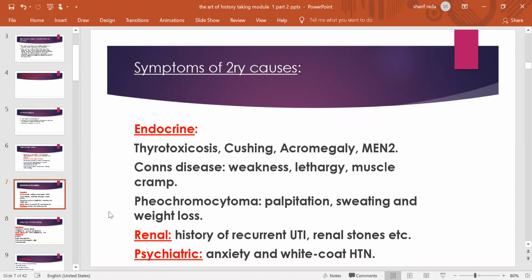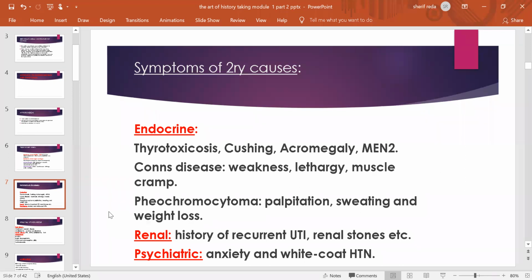Then the systems related: you will be asking about the endocrine system, renal system, and psychiatric system, because it's nonsense if you have, for example, a case of hypertension and you start asking about dermatological symptoms and signs. But as I told you, we will start to ask about the complications, the red flags, the analysis of the complaint, and the system related, disordered. And then we will start with the systems related.